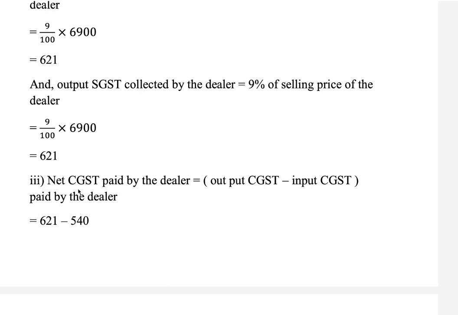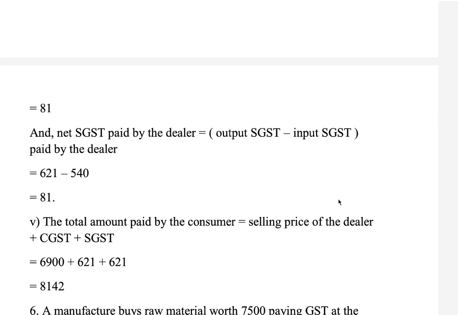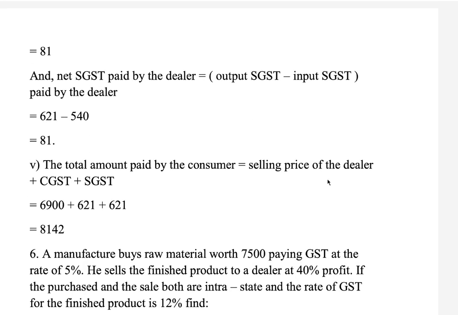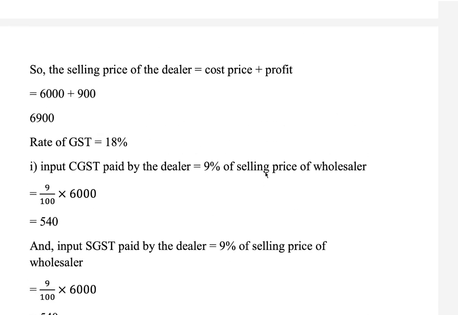And net CGST paid by the dealer, output CGST minus input CGST. This is the formula. Okay, and net SGST paid by the dealer, that is also output SGST minus input SGST. This formula you have to mark in your copy, nothing more than that. And except the input and output, the sum is same as the previous sum.